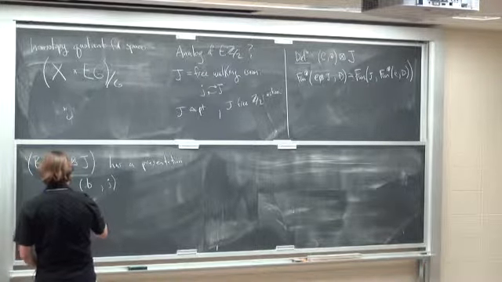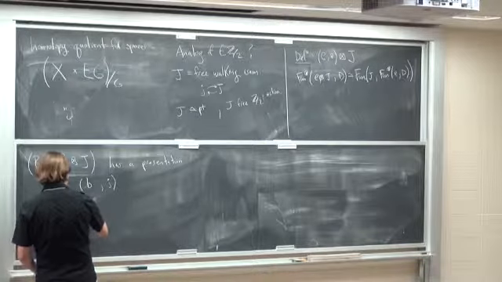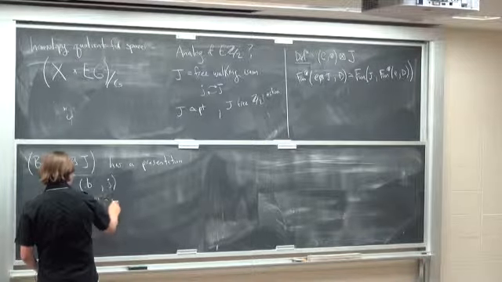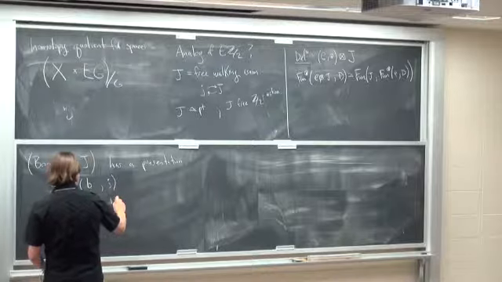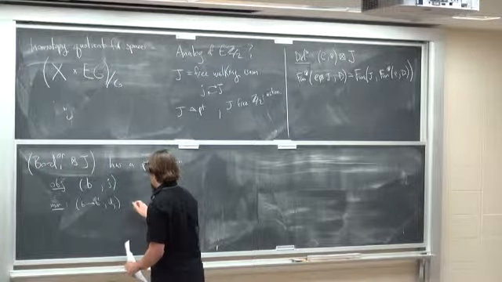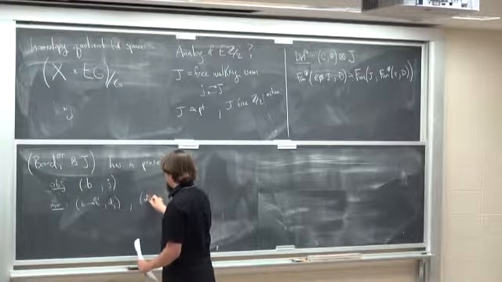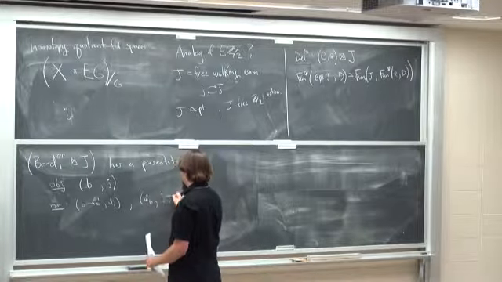So maybe I'll say that they look like a morphism from B to B prime, comma, the identity on J. Or they look like the identity on some B and then a morphism from J to J prime.